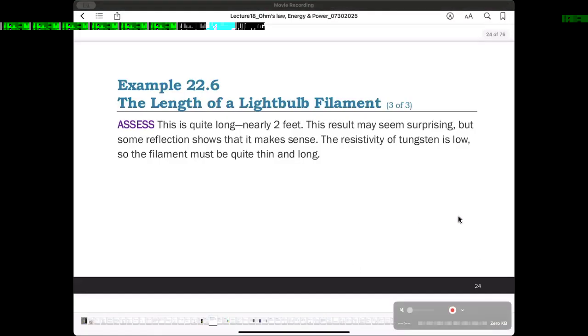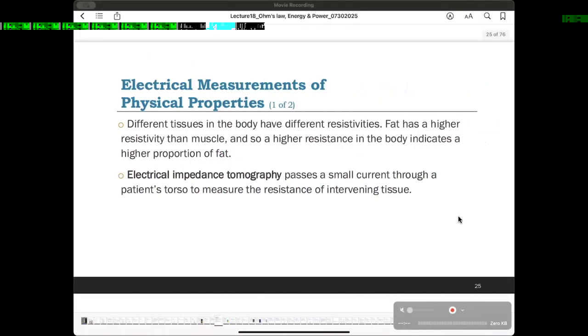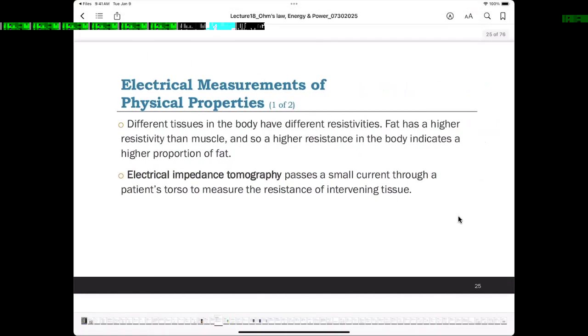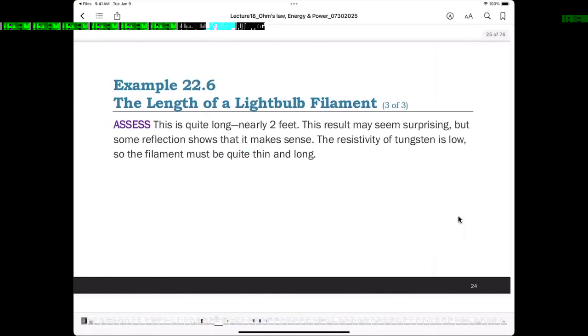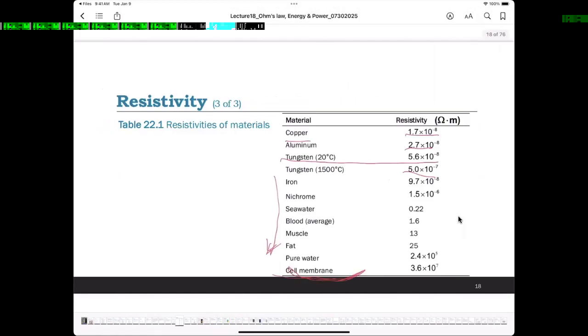Okay, let's continue. Let's talk about the electrical measurements of physical properties. Different tissues in the body have different resistivities, like we can find in this table.